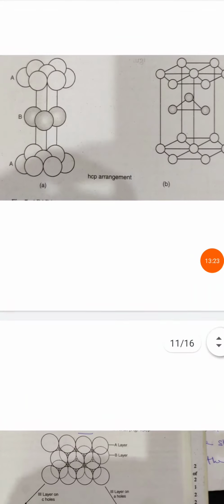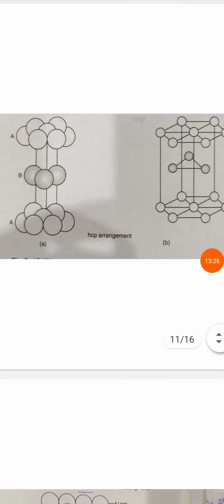In this figure, the pairs of the third layer are not shown because they are identical to A layer, and for simplicity it may be drawn as shown in the figure. Next, as against HCP type of arrangement, the alternative way to arrange pairs in the third layer is to place them over the hollows marked A, and this gives rise to a new layer labeled as C, and this will give a different type of close packed arrangement.